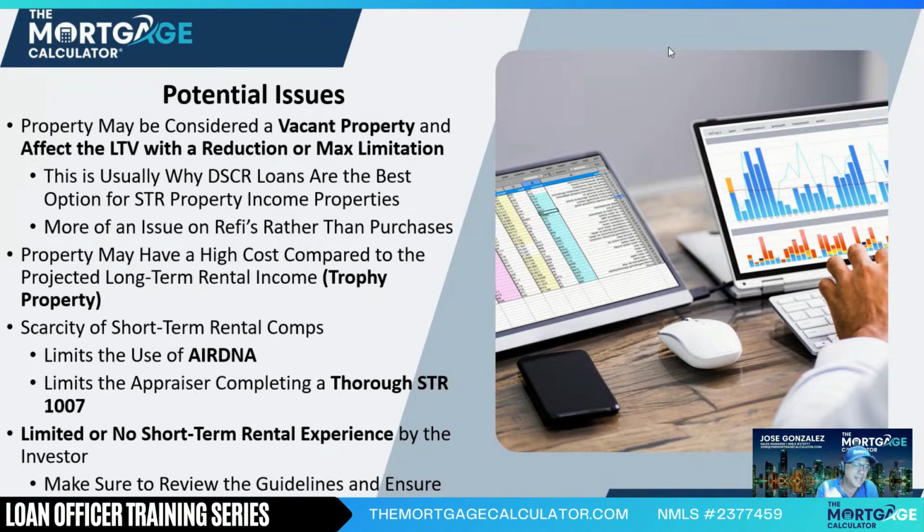We can use a lease, we can use AirDNA, we can use short-term rental revenue reports, bank statements from the borrower, if it's a refi or seller. If it's a sale, same with the short-term rental revenue reports, right? Many ways, or even actually short-term rental comps where the appraiser can provide short-term rental comps on the 1007.